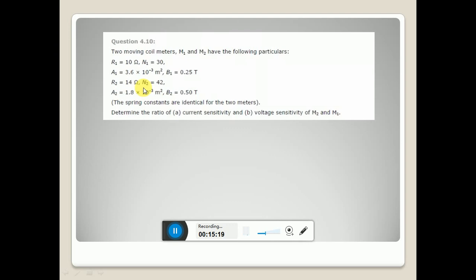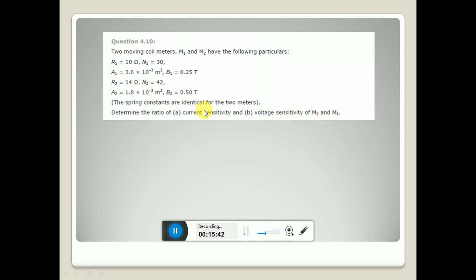Similarly, these are the parameters for the second one: 14 ohms, number of turns 42, area 1.2 into 10 power minus 3 meter square, and magnetic field 0.5 Tesla. The spring constants are identical for the 2 meters, and you are asked to find the ratio of current sensitivity and voltage sensitivity of M2 and M1.